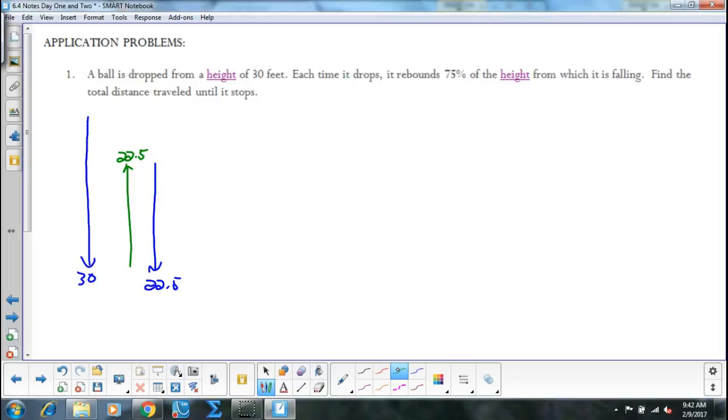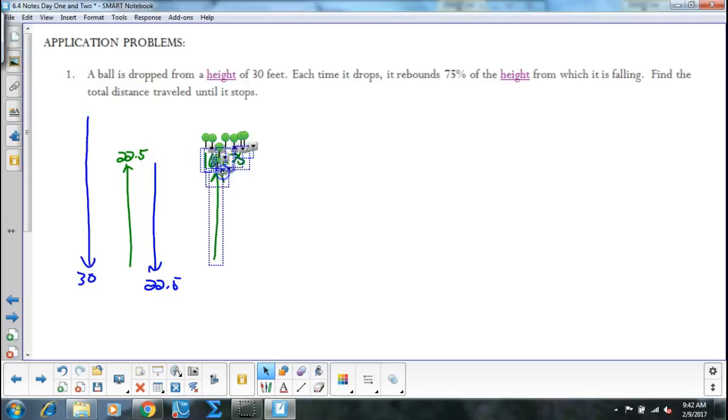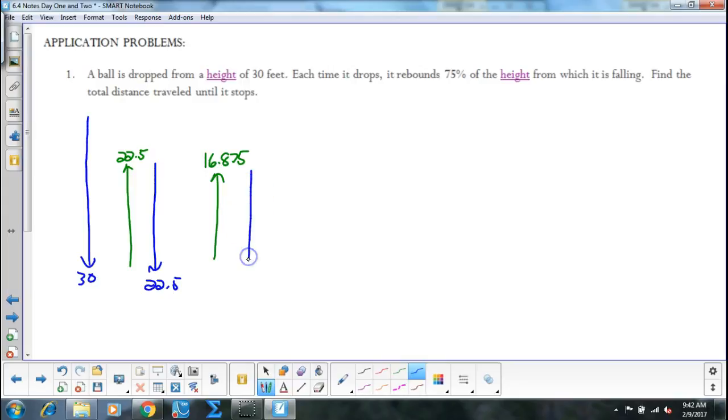Then what happens? Goes back down, how far? Then it goes back down 16.875 feet. See the pattern?